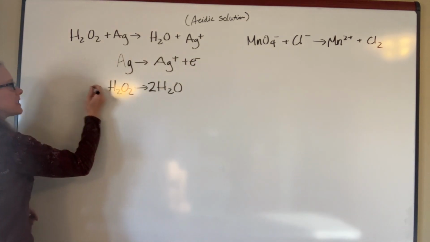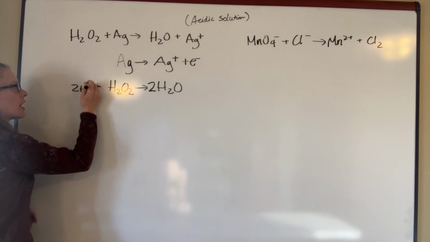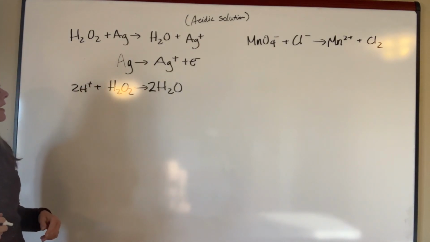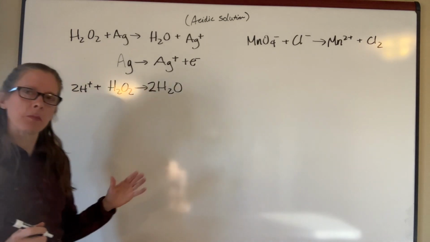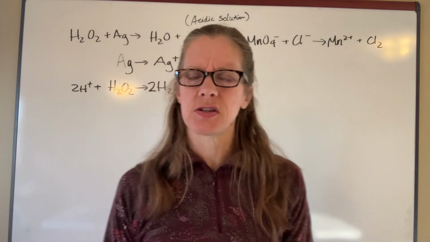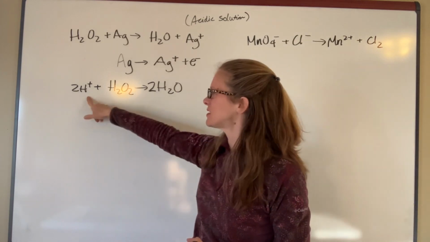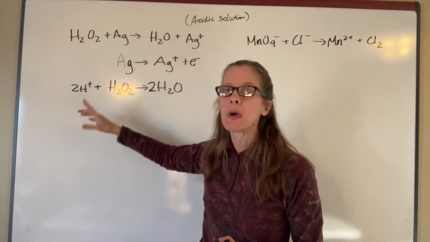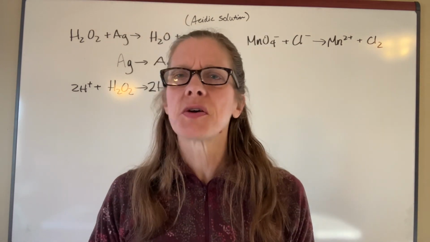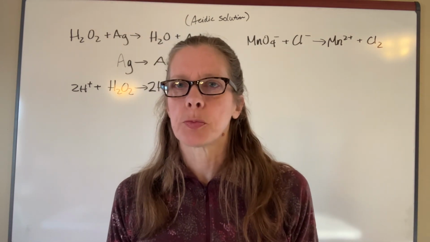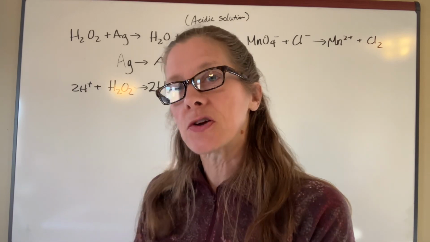So I can just add 2 hydrogen ions on this side in order to get my hydrogens balanced. So now my hydrogens and my oxygens are balanced, and you're going, wait a second, how can I just suddenly add something else in there? Well, remember, this is taking place in acidic solution, so therefore I've got all sorts of hydrogen ions floating around all over the place. So I'll just pull a couple of them into my reaction.